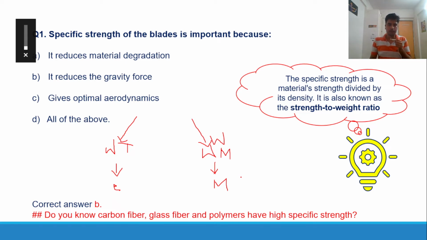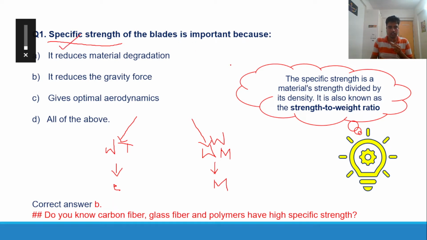When we talk of wind turbines, the blades we use have a specific strength. And what is this specific strength? It is nothing but the material strength divided by the density of the material. In simple terms, you must have heard of the strength to weight ratio, which is specific strength per unit mass. So this specific strength is important in blades.